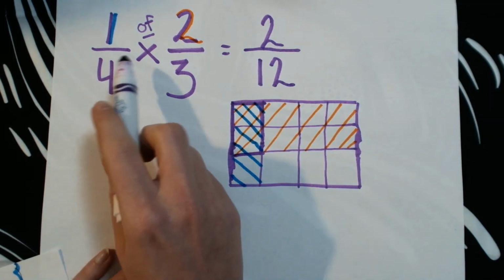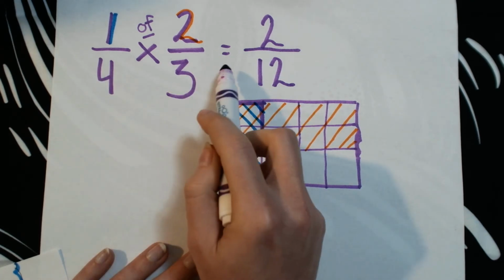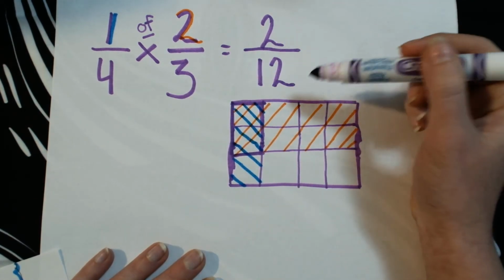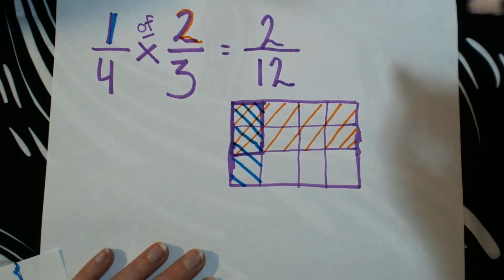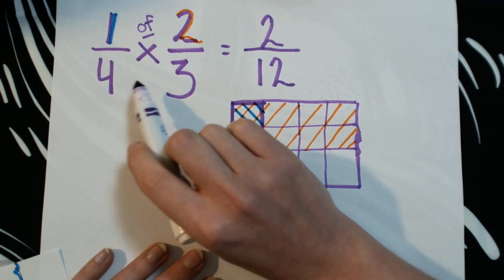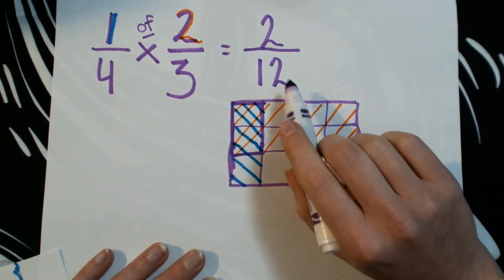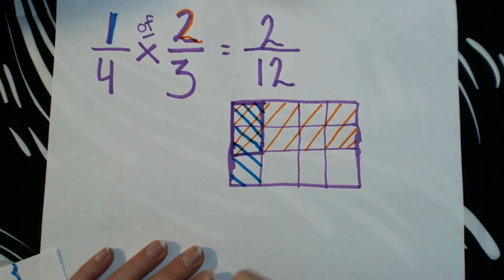So 2/3 of 1/4 is equal to 2/12. And we could see that that would be true if we applied our standard algorithm going straight across, because I know that 4 times 3 is 12, and 1 times 2 is 2.